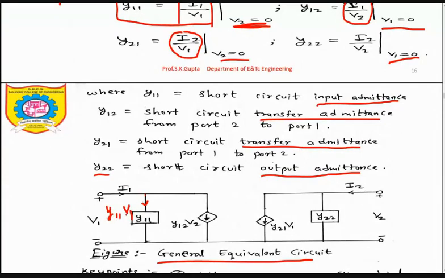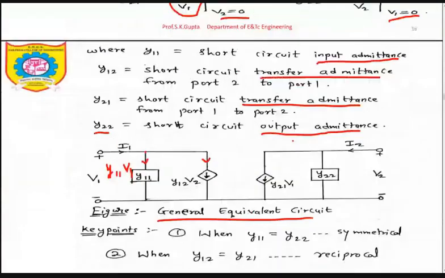So this I1 current is divided into Y11 V1 and another current Y12 V2. By KCL here, I1 is the incoming current and the outgoing currents are Y11 V1 plus Y12 V2, so we get this equation.